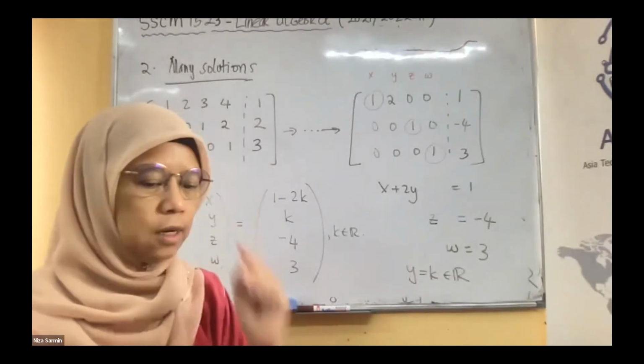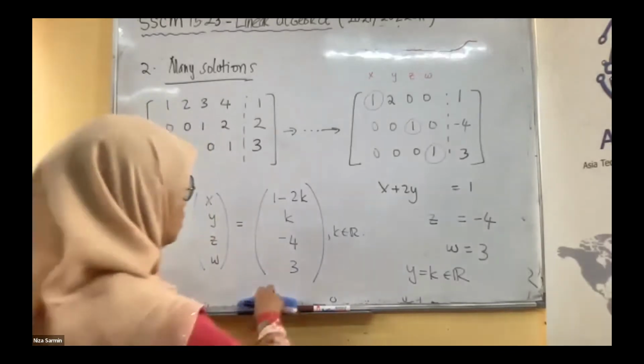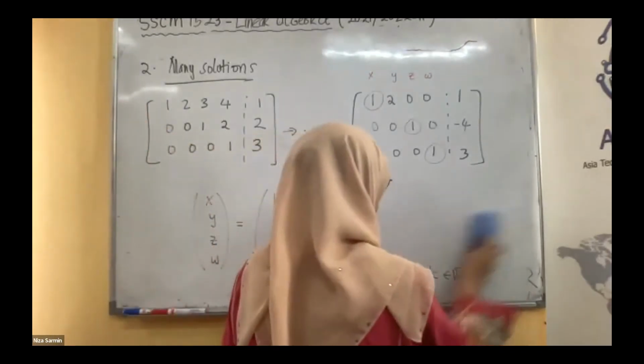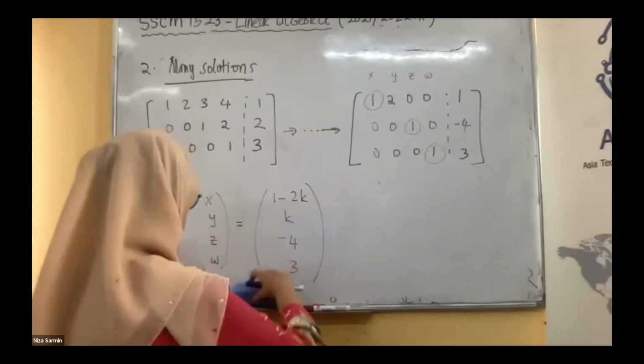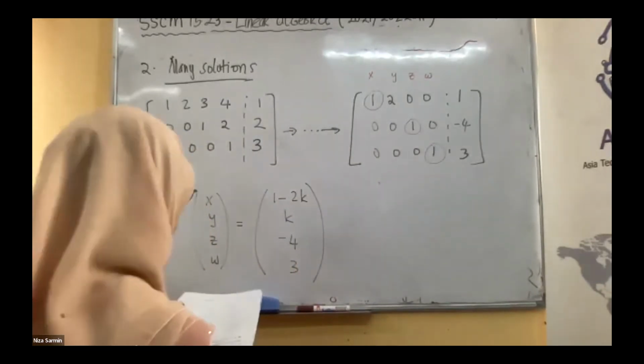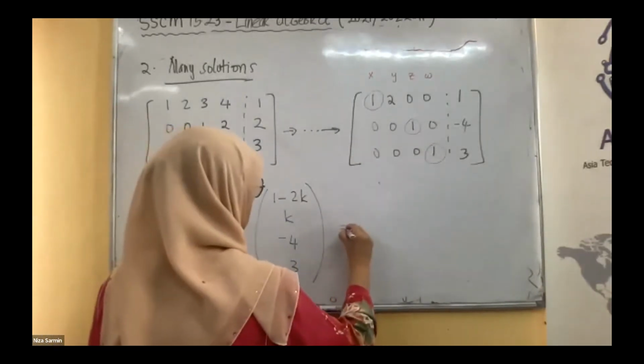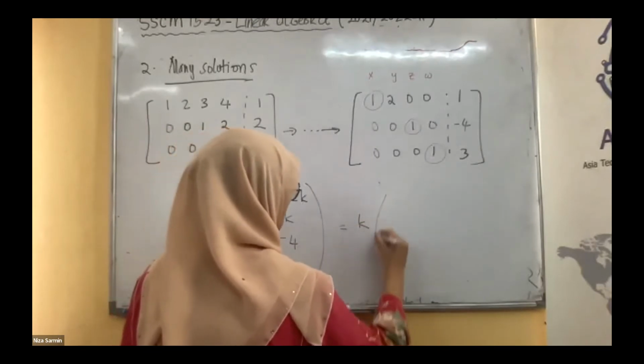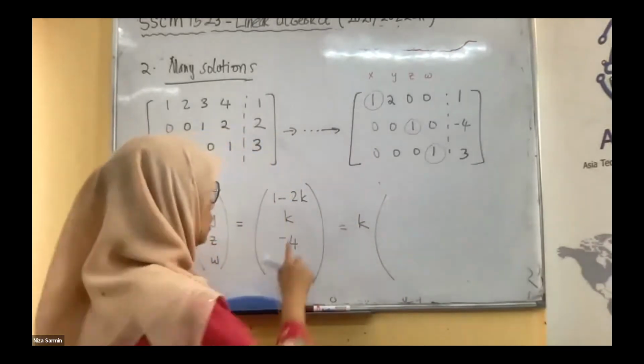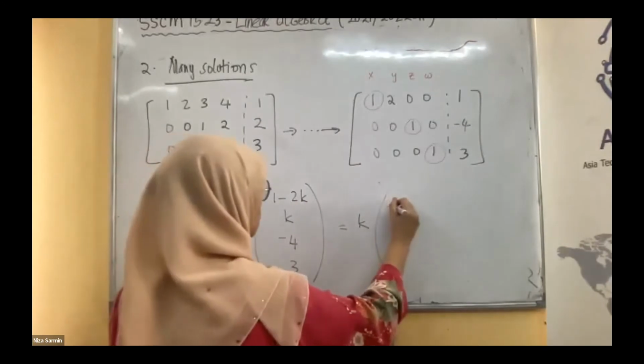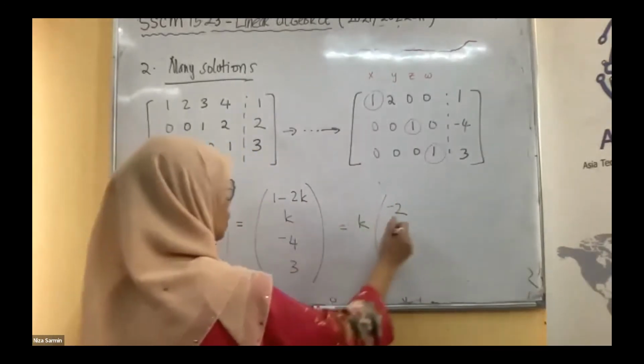Okay. Now, you see in my notes, I write like this. I take out the K. So you have -2, 1.